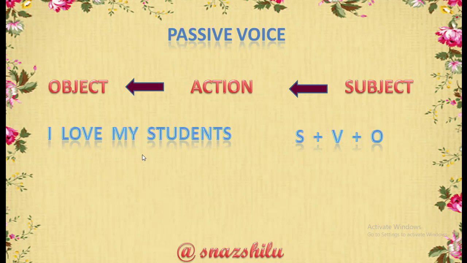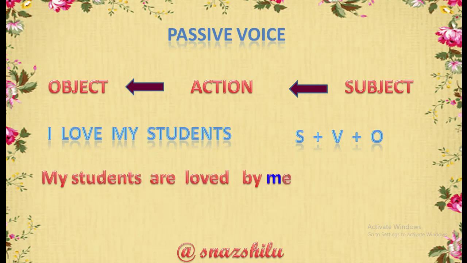In the passive sentence, the object takes the place of the subject and the subject takes the place of the object, with by being added to it. So it's like this: object plus verb 3 plus by and then subject. Here, the verb's third form is used. That means past participle.